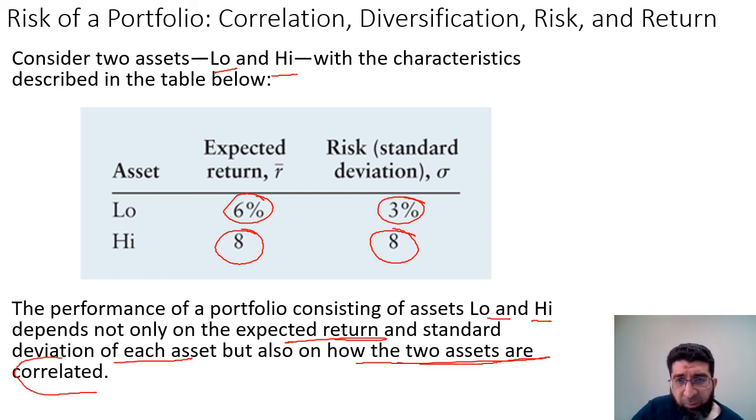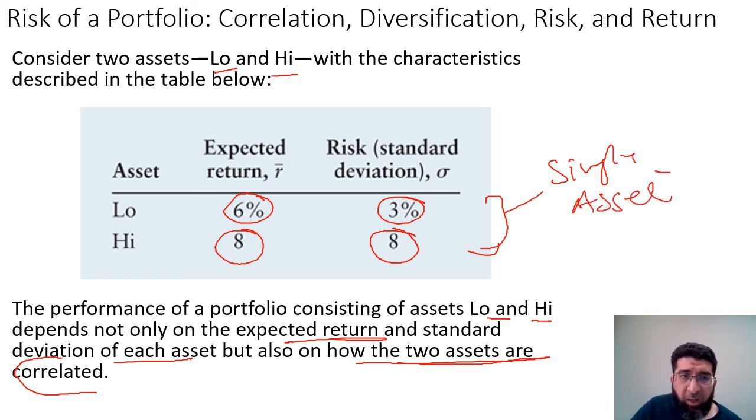This information was appropriate for single assets, but now when we have a portfolio, we also have to find the correlation between the two in order to see how both assets, when combined together, can create a new set of risk and returns.